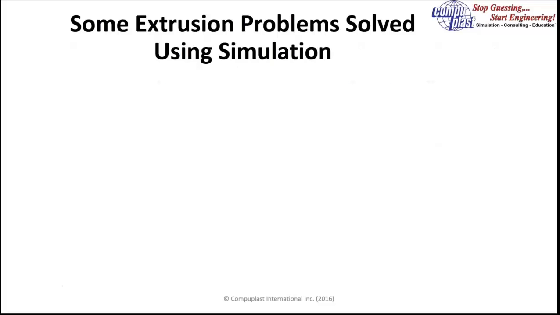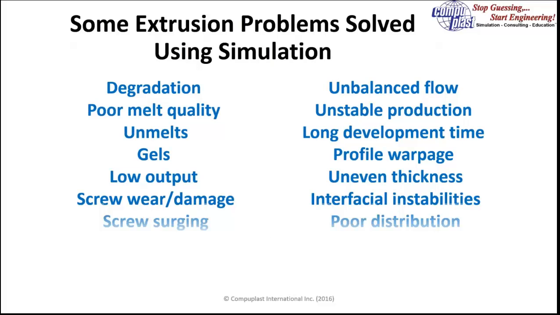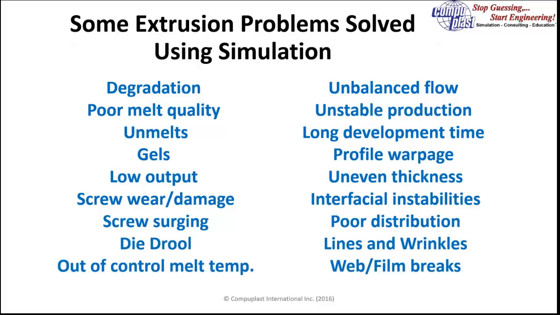Some of the problems that have been solved with extrusion simulation are shown here, and they vary from degradation to unmelts to interfacial instabilities, dye drool, lines or wrinkles in your product, or film web breaks.